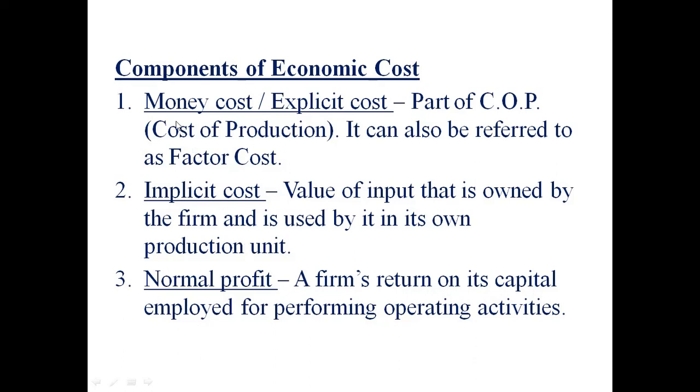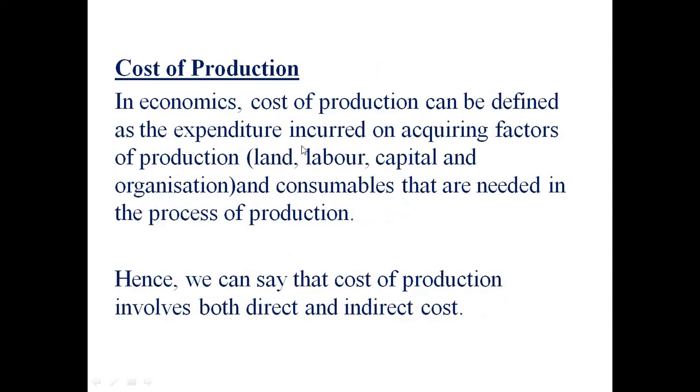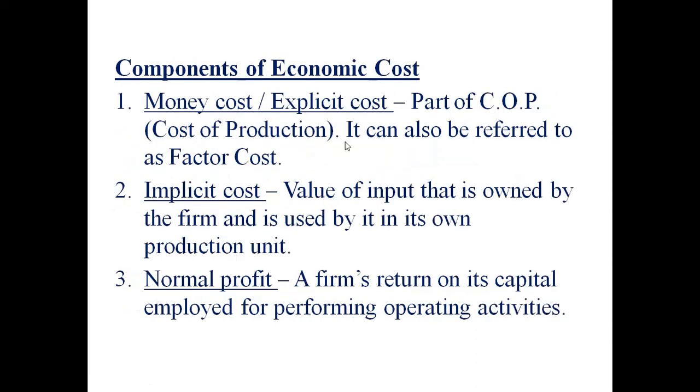Okay, anyway, let us talk about the money cost or the explicit cost. Explicit cost is the part of COP, that is cost of production. Okay, we have discussed it here also, and it can also be referred to as factor cost.